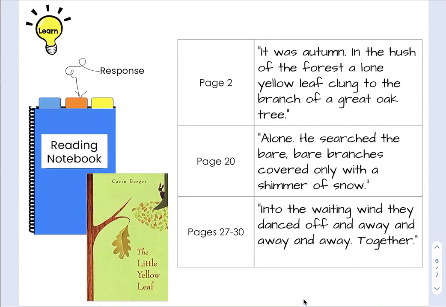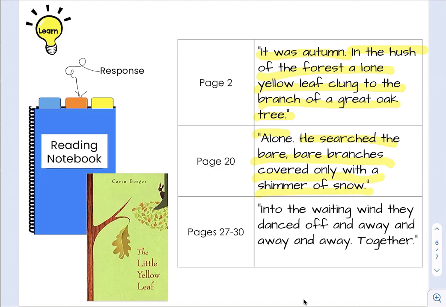Okay, let's compare what we found. When looking through The Little Yellow Leaf, I found on page 2 this pair of sentences. It was autumn. In the hush of the forest, a lone yellow leaf clung to the branch of a great oak tree. So my first sentence is shorter, second is longer. On page 20, I found this. Alone. He searched the bare branches, covered only with a shimmer of snow.